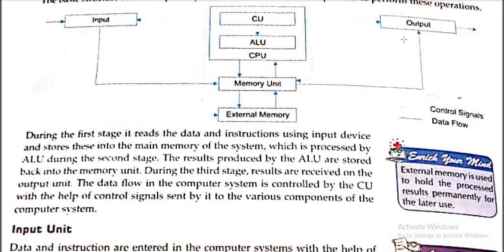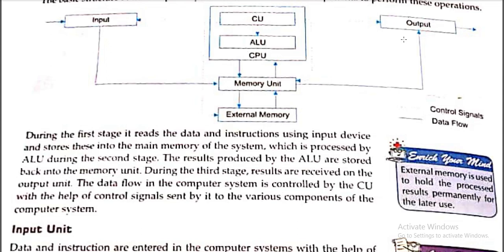The data in main memory is processed by the ALU during the second stage, and the results produced by the ALU are stored back into the memory unit. During the third stage, the results are received on the output unit. The data flow in the computer system is controlled by the CU. What I explained earlier, the controlling of data is done by the CU. That's why its name is written as control unit, CU.